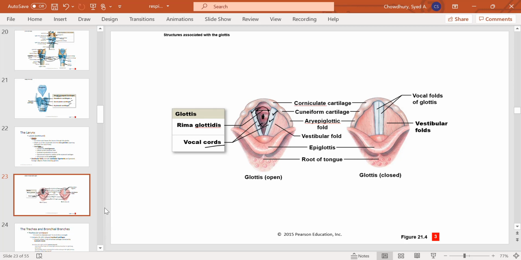And here you see the glottis is closed completely, here the glottis is open. So when you produce sound, the vocal folds or cords move. Sometimes they come close to each other, sometimes open or go apart. So that's how the sound is produced. And vocal folds are supported by the vestibular folds or vestibular cords. So these are the vestibular folds. These are the vocal folds.